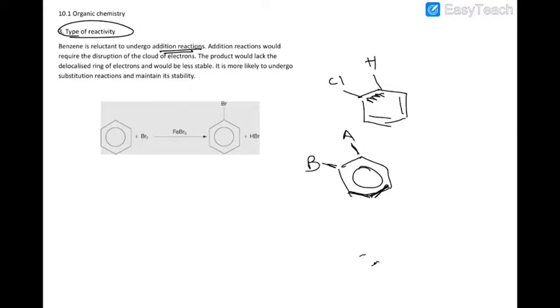Therefore, benzene does not undergo addition reaction. That structure would be unstable, but it's more likely to undergo substitution reaction. And substitution reaction, so you're just taking away that H and you're replacing it by something else. So you can replace it by CH3, you can replace it by halogens. This is a substitution reaction.